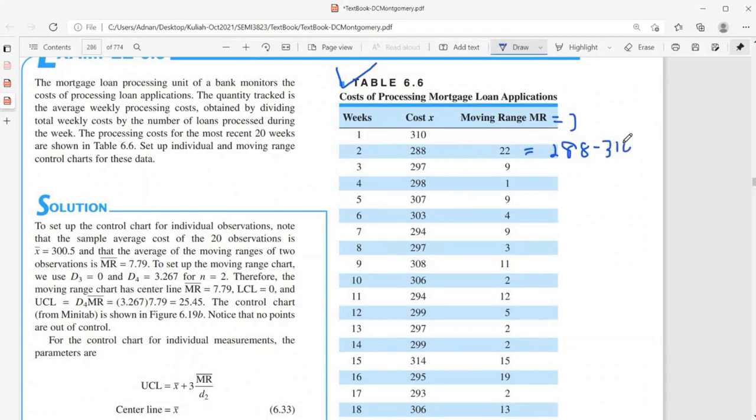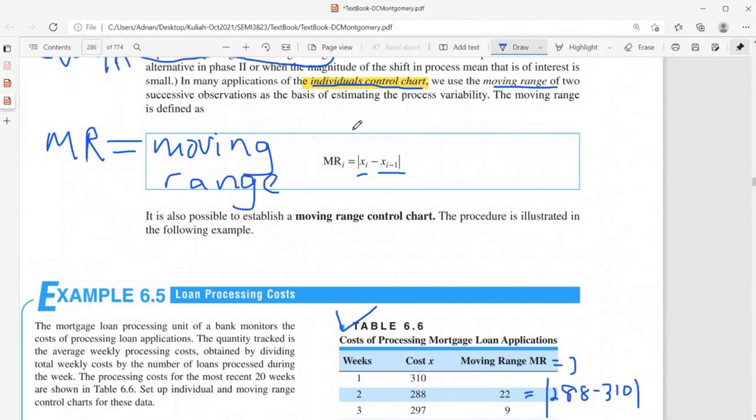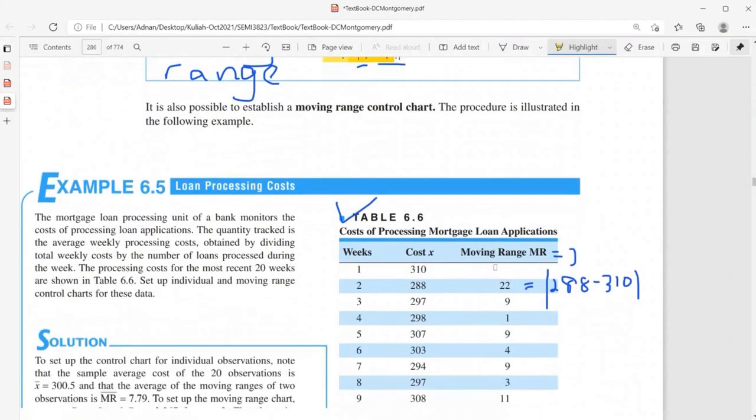What we get is the magnitude only, the difference. If you see this formula, we just take the magnitude of the difference. This is what we call the moving range, MR.